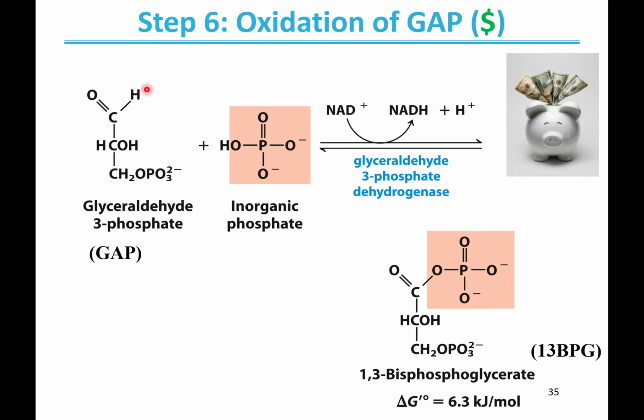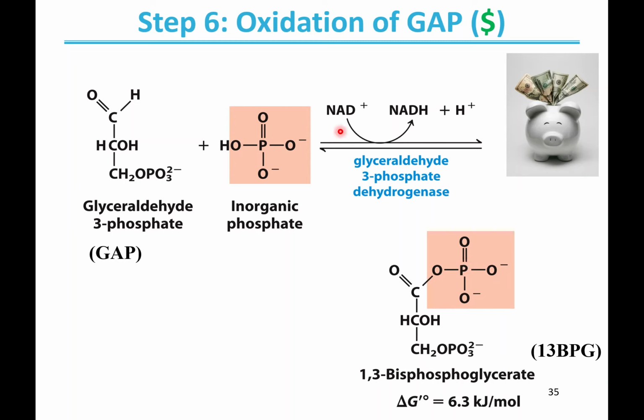In step 6, you have GAP, and you're adding an inorganic phosphate to it, producing 1,3-bisphosphoglycerate, or 1,3-BPG.